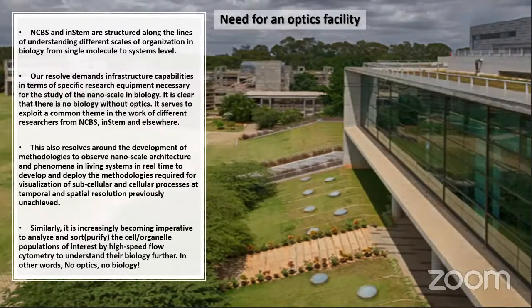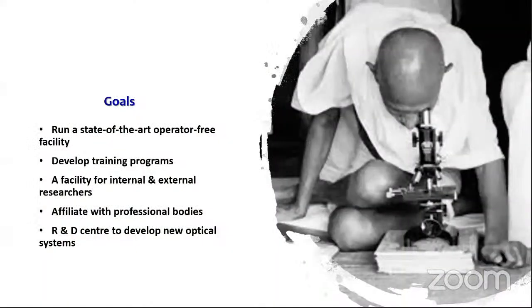This facility was started to understand the different scales of organization in biology. When we started, the campus had an interest in looking at nanoscale and microscale biology, which is not easily accessible through other techniques.